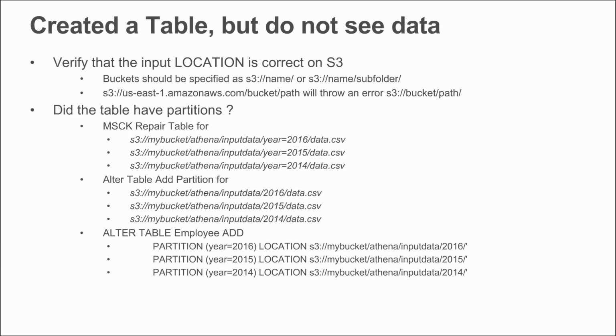So there are a couple of things. Verify that your input location that you use in your create table statement is correct on S3. So if you're using a root bucket like S3 name /, make sure that you have the / at the end of the root bucket. Or if you're using anything else, make sure you have that properly specified. If you specify a bucket with a fully qualified name, like the one in the second bullet point, like US East 1 amazonaws, that'll throw you an access denied error.